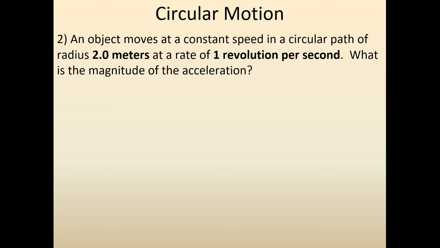All right. So here, now they don't give us the speed. Instead, they give us the amount of revolutions per second. So I'm going to have to figure out what the speed is of the object as it moves in a circle. Now, one thing I want to point out, since we're not really going to be talking about frequency for a while, so you don't really have a good way of going from this to period.